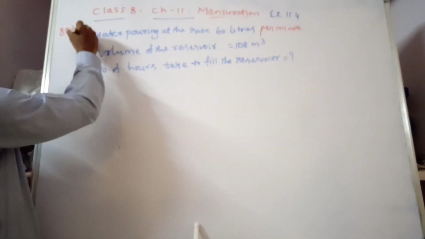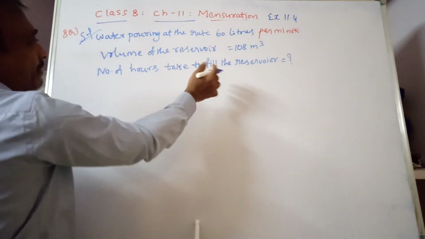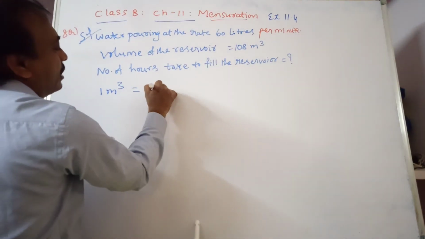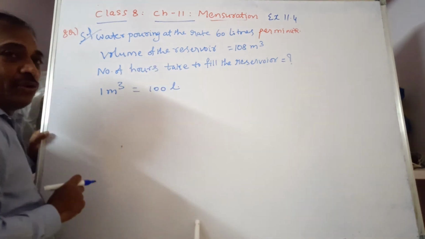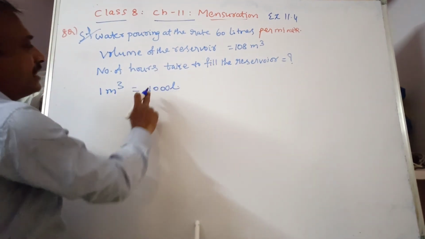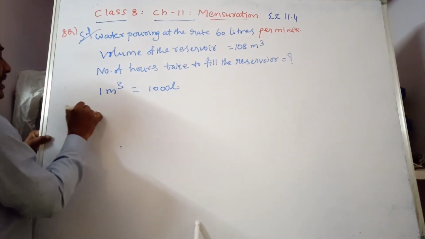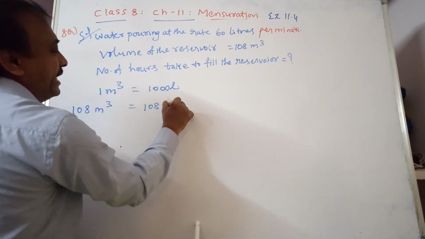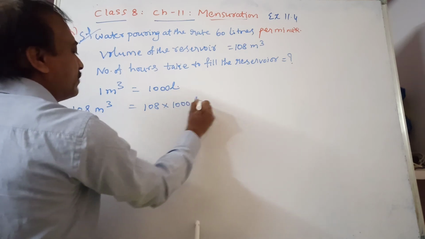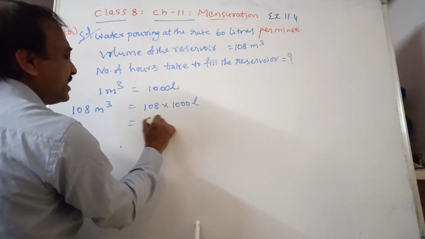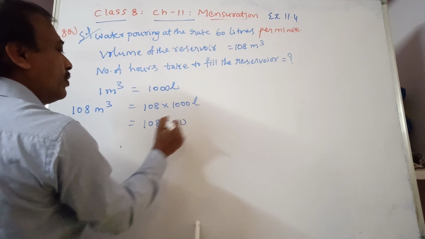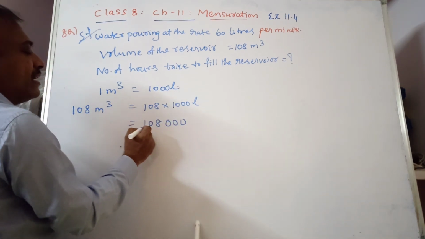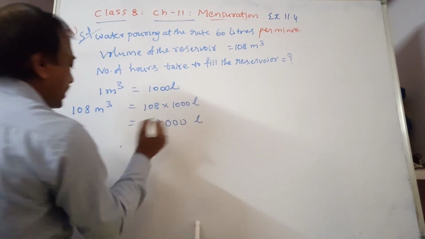Solution: 1 meter cube is equal to 1000 liters. Now 108 meter cube is equal to 108 into 1000 liters, which will give you 1,08,000 liters of water.